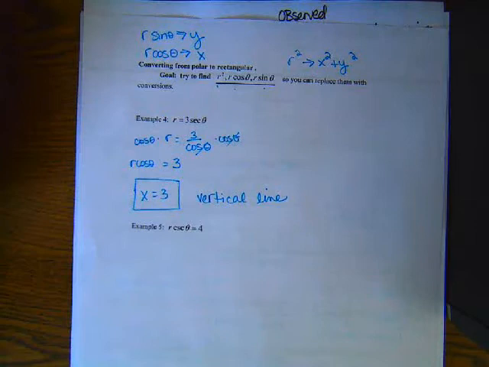Okay, once again, I need an r squared or I need an r sine theta, but I don't have those things. However, if I multiply both sides of the equation by r, which I can do, because as long as I do it to both sides, it would keep the equation true, then I would actually have an r squared and an r sine theta.